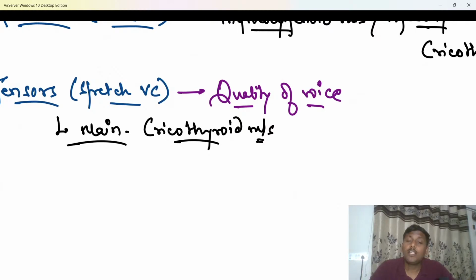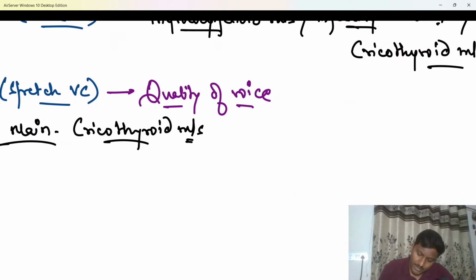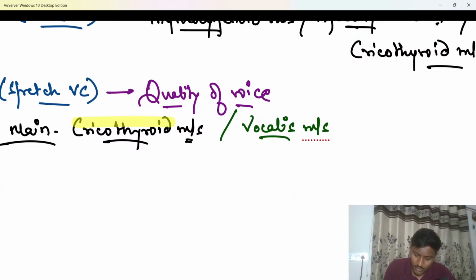But if cricothyroid is not in the option, if they have asked which among the following is a tensor muscle and you do not have cricothyroid in the options, then another muscle which helps cricothyroid, an accessory muscle called vocalis. So you can even mark vocalis. But main is always cricothyroid. If cricothyroid is not in the option, then you can mark vocalis.